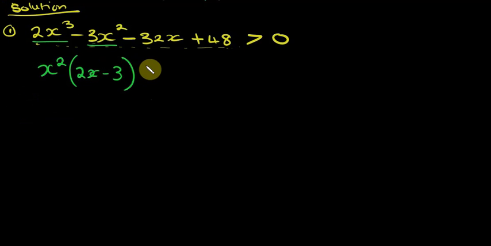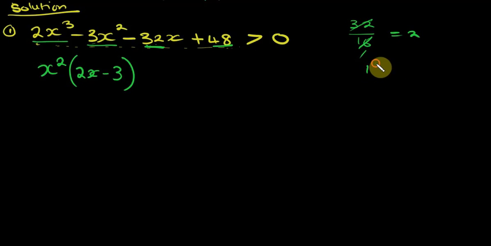Alright, what can we do with these ones? Do we have common factors? Of course we do. What is the common factor divisible into 32 and 48? Let's try 16. 32 divided by 16 is 2.